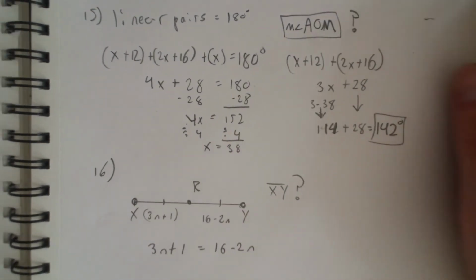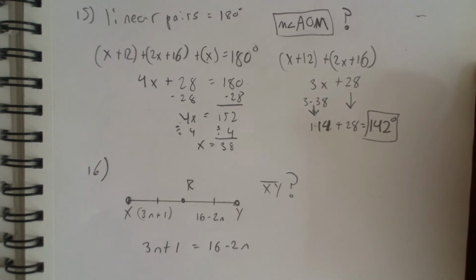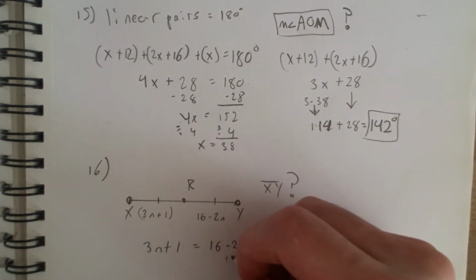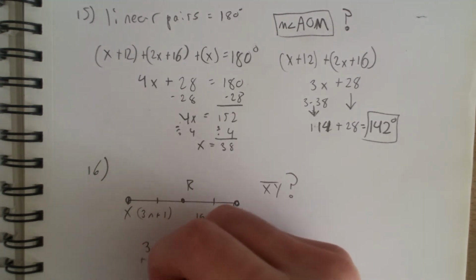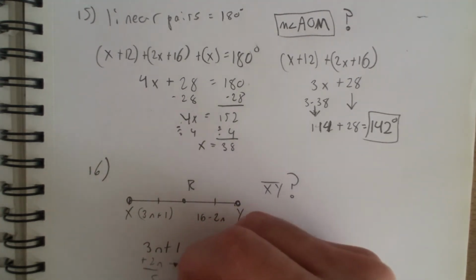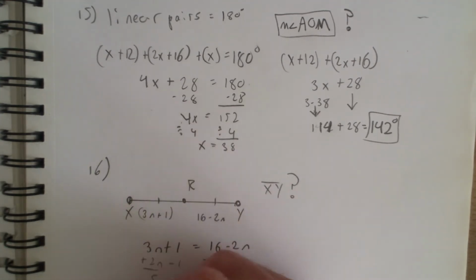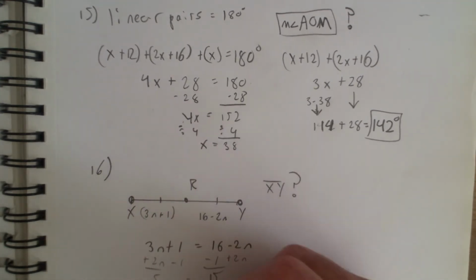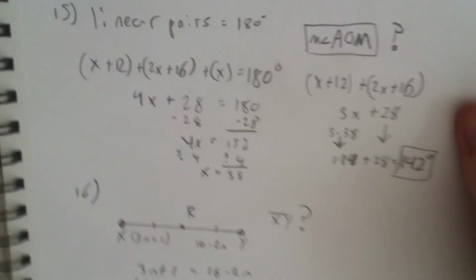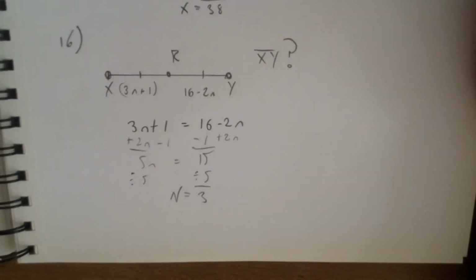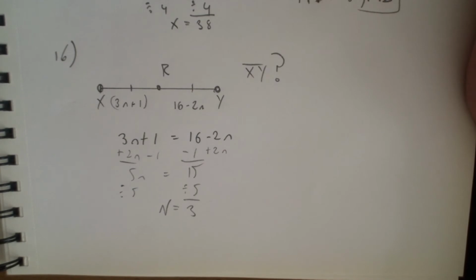So if we start the calculations, add 2n to both sides, we get 5n equal to 15, or we get 3 as our final value. So we end up getting 3 equal to n.